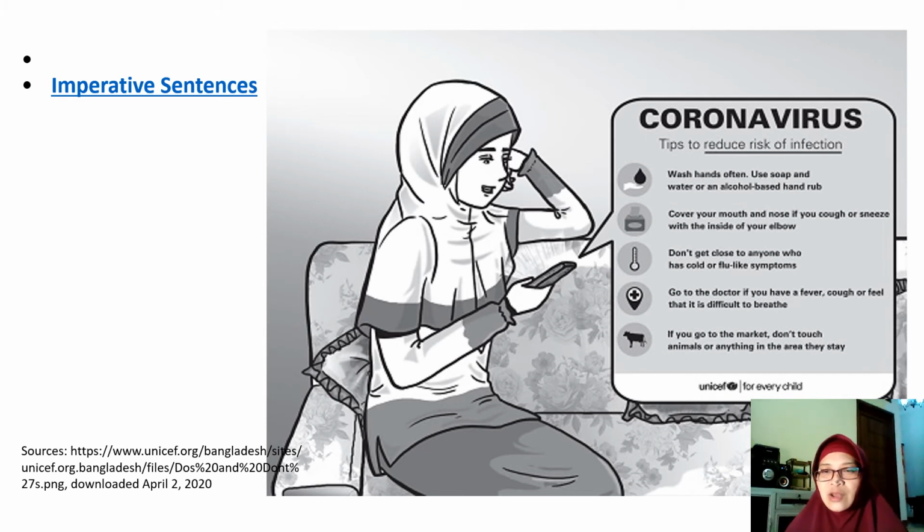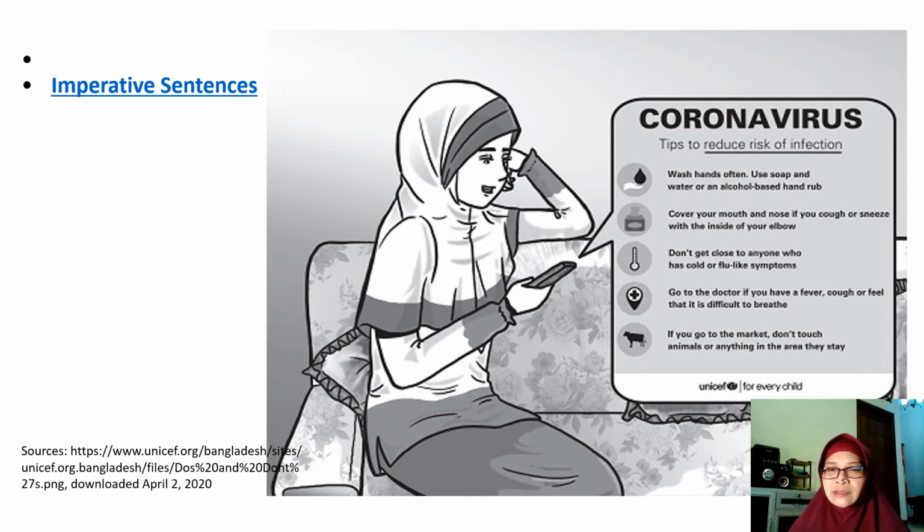Don't get close to anyone. The sentence don't get close, here we call it a negative imperative sentence. So we can use it also in procedure text.